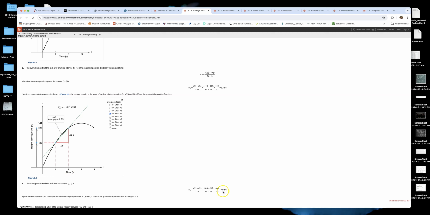That is going to be 48 feet per second. You see, 48 feet per second is higher than the 32 feet per second that we had before, because, of course, that line is steeper.